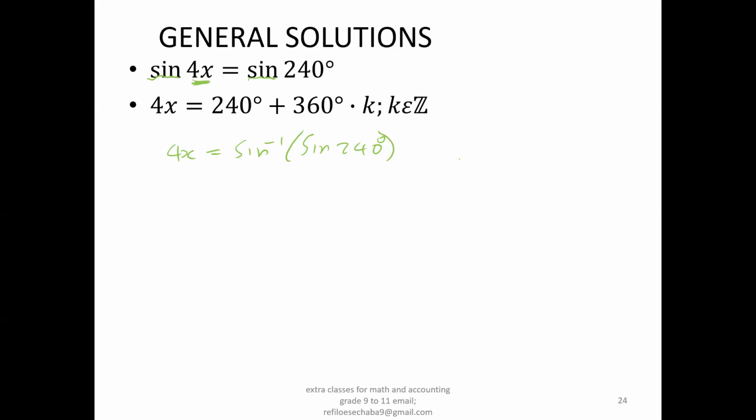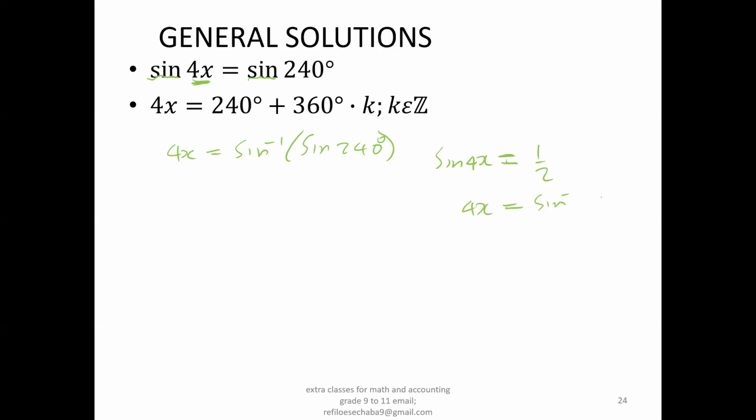It's the same as though you've got sin 4x is equal to 1/2. How would you solve for 4x here? I would say the inverse of sin. So you will say 4x is equal then to what? 1 over 2.